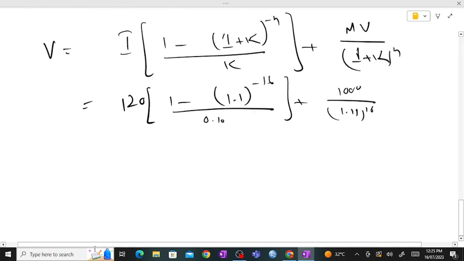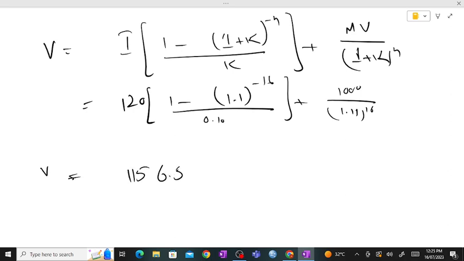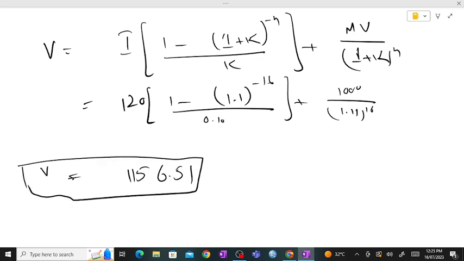Whenever you solve this, you will get V, which is 1156.51. This is the actual amount of the bond.